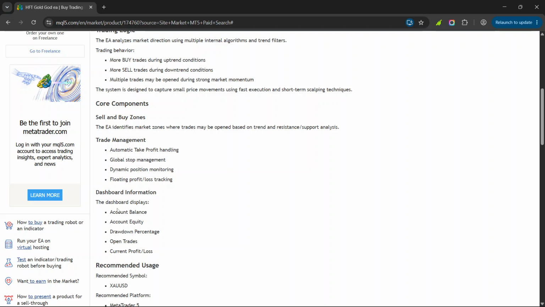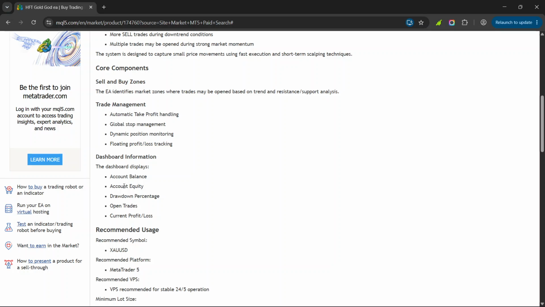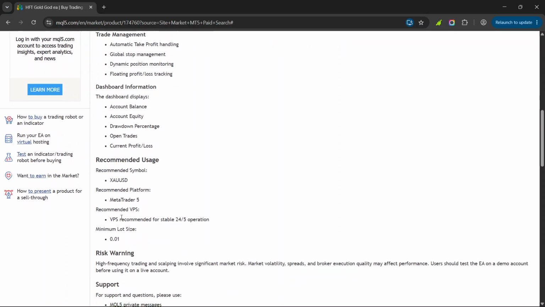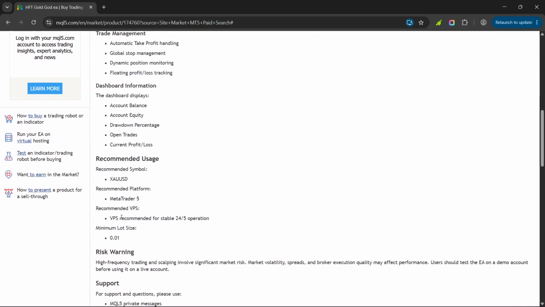They even claim there's a real-time dashboard that shows your account balance, equity, drawdown percentage, open trades, and current profit or loss. The developer emphasizes that it's fully automated, supports both directions, and uses dynamic risk management with profit target controls.